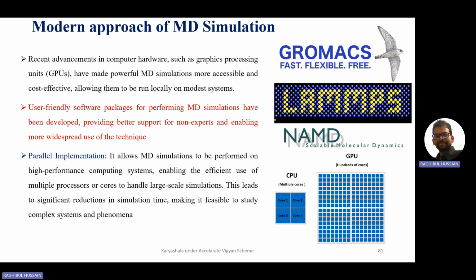It will divide, say, 100 H2O to this particular port, the next 100 water to this port, and in each of the ports it will do the bonded calculation, as well as the non-bonded calculations present within those 100 water molecules, which will be performed in the GPU.